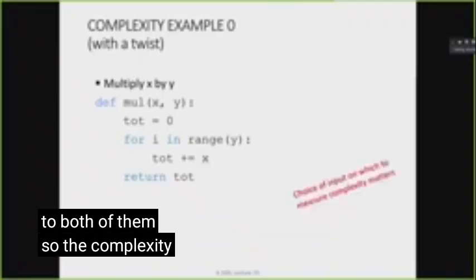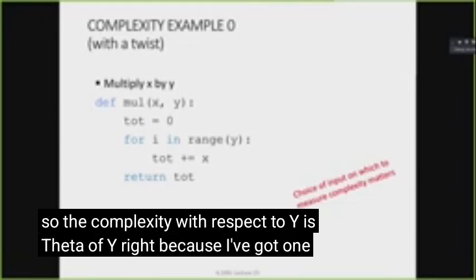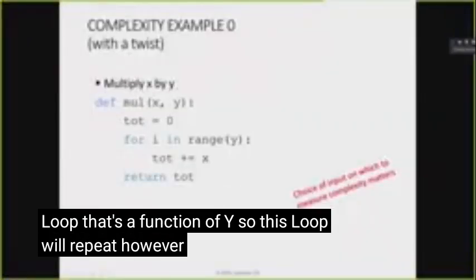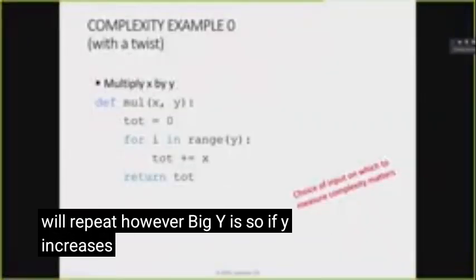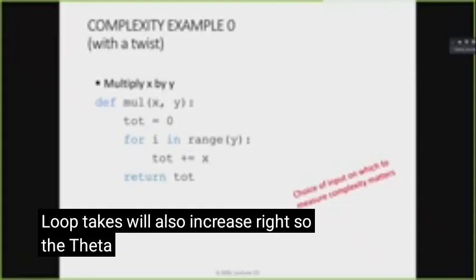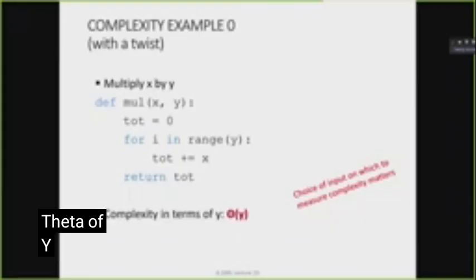The complexity with respect to y is theta of y, because I've got one loop that's a function of y. So this loop will repeat however big y is. If y increases, the time this loop takes will also increase. So the theta complexity of this function is theta of y with respect to y.